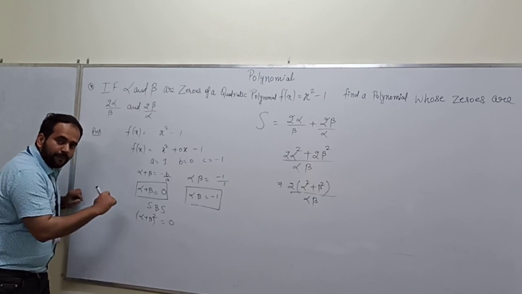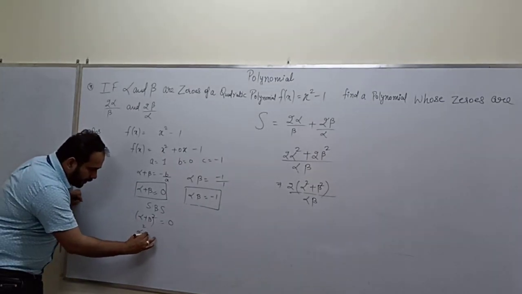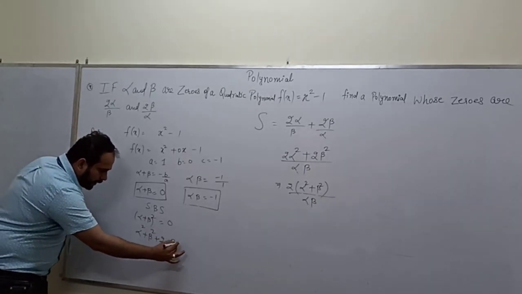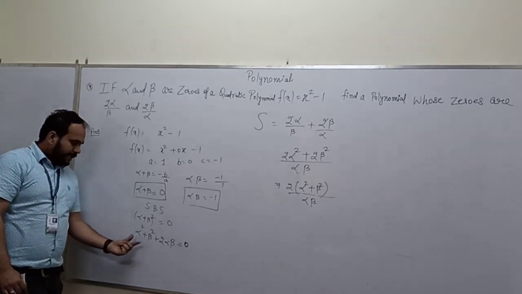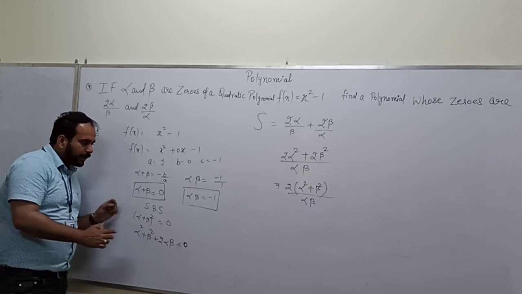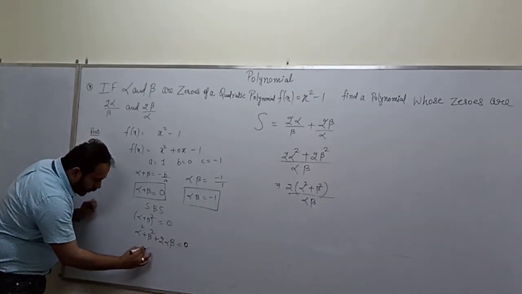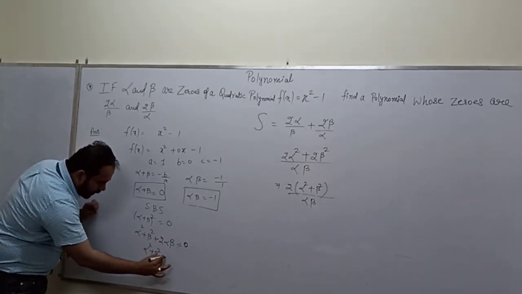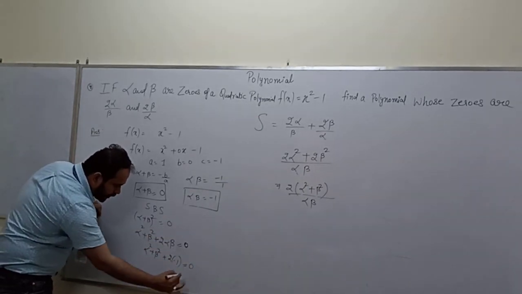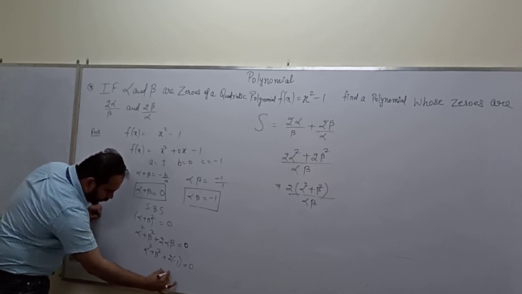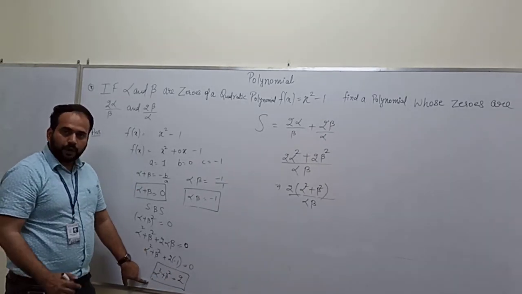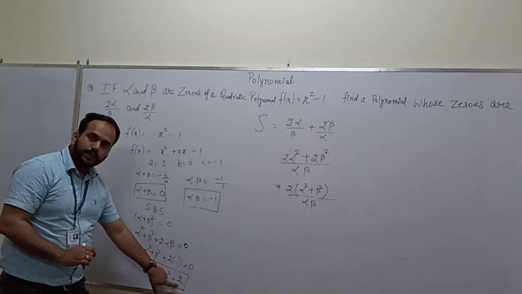Applying the identity of a plus b whole square, it says that alpha square plus beta square plus 2 alpha beta is equal to 0. I want to find out the value of alpha square plus beta square and twice of alpha beta. I have already this value with me. So alpha square plus beta square plus 2 into alpha beta, which means alpha square plus beta square will become 2.